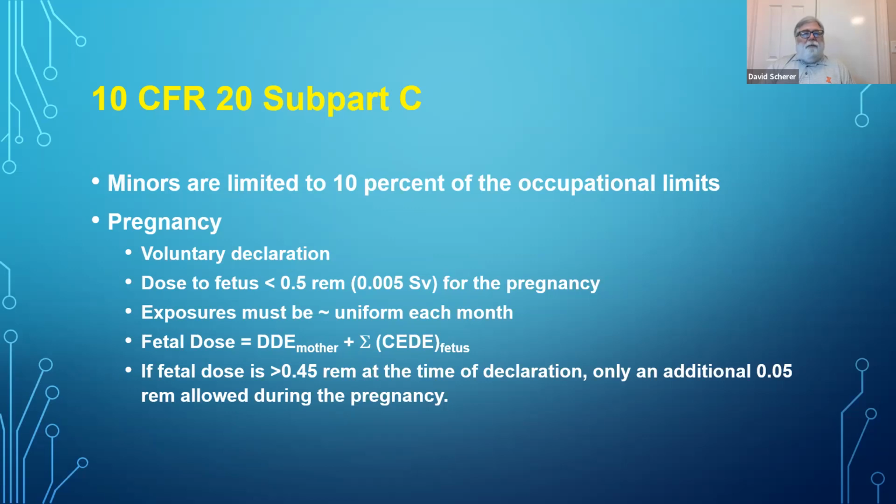The first point to be made there is that the pregnancy standard only applies if the employee voluntarily declares their pregnancy. No matter how well-intentioned we are, we cannot require women who become pregnant to change their work patterns. We can't decide for them what's important for them.